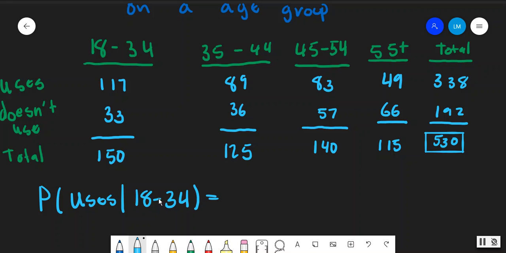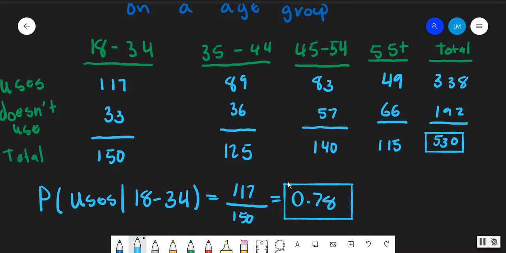The given is the 18 to 34 age group, which is 150. Out of that group, you want those who use social media, so that would be 117. This means that roughly 0.78, or 78%, use social media, given that they were from the first age group.